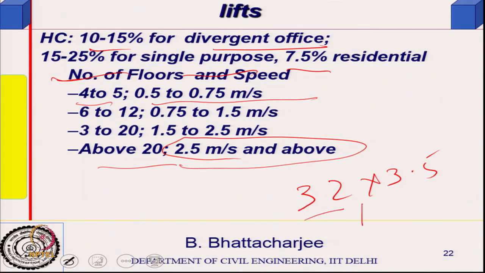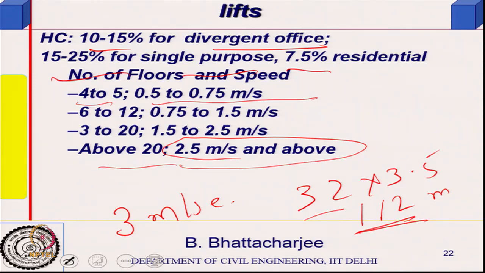Somewhere around 100 plus, right? 112 meters. Now 32 stories, 112 meters, and at something like 3 meters per second, it will take about 30 seconds or so. So that's desirable, that's understandable, it's fine.